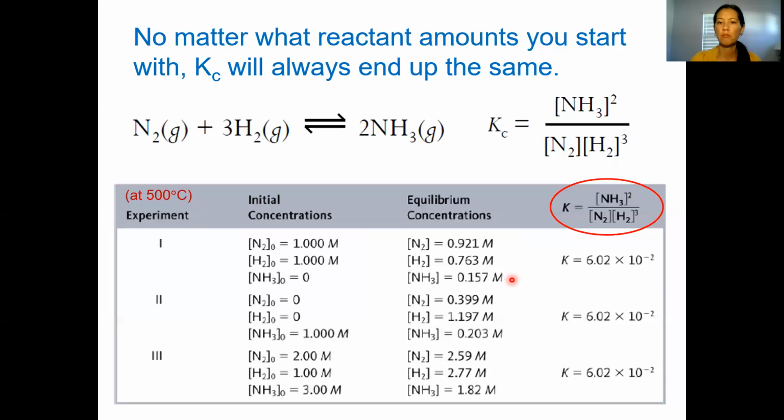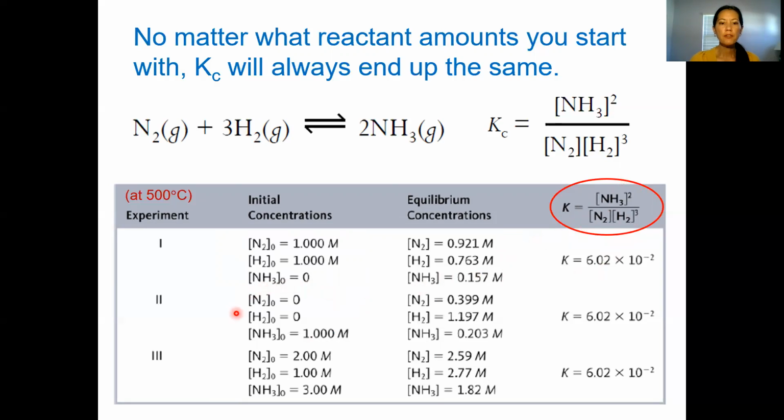You can't predict these numbers just straight off. But if I plug that into my equilibrium expression and crunch those numbers, I get this K value, this KEQ, an equilibrium constant, 6.02 times 10 to the minus 2.